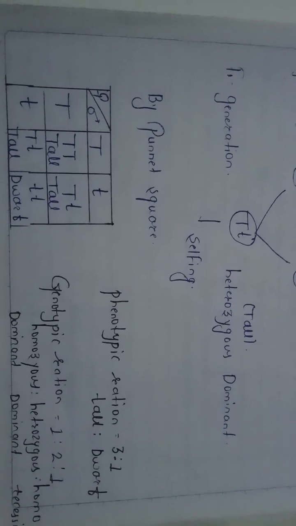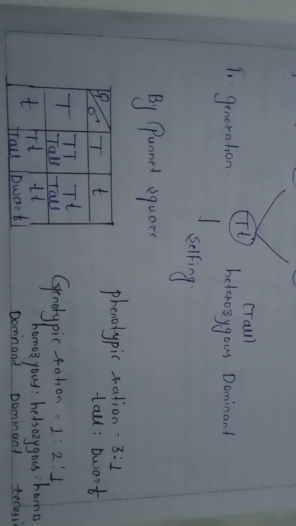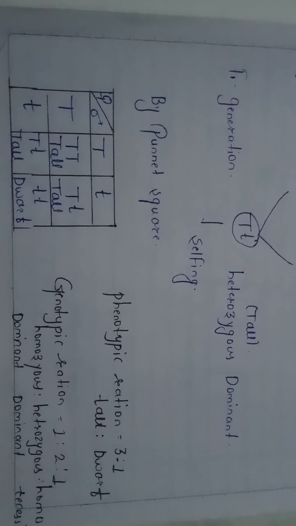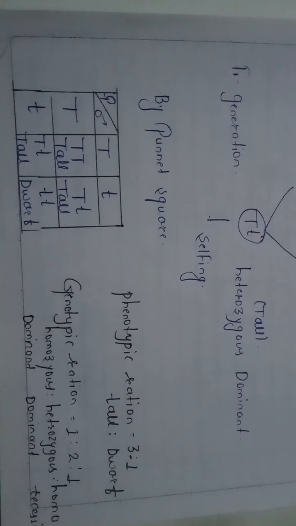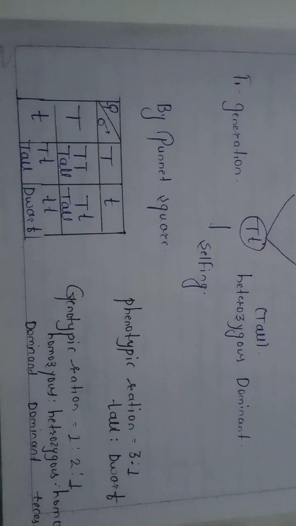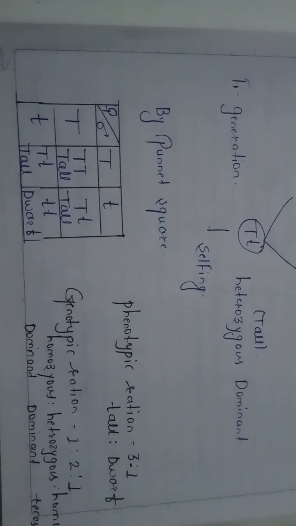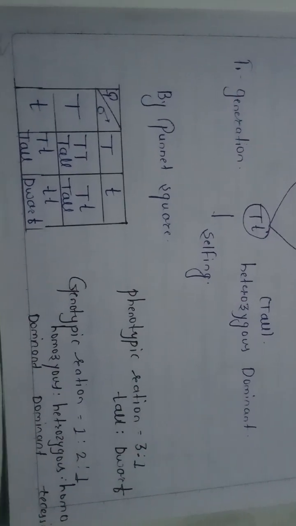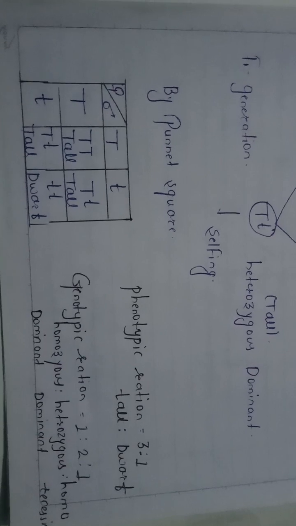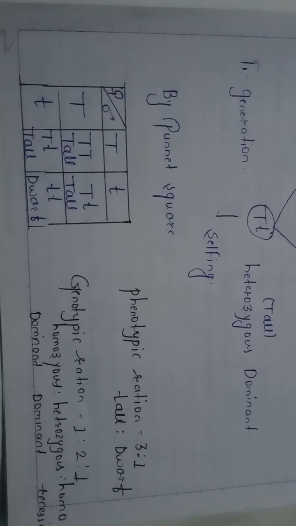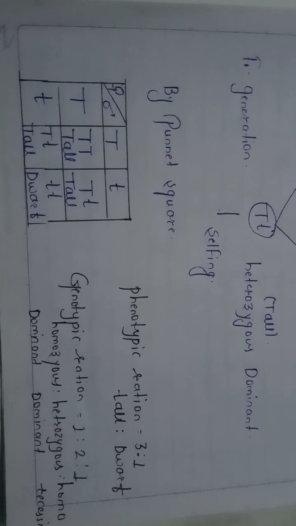To obtain the second generation, we self the heterozygous dominant tall. Selfing is nothing but when the product obtained in the F1 generation is crossed with itself. By the Punnett square we obtain the result of the second generation.